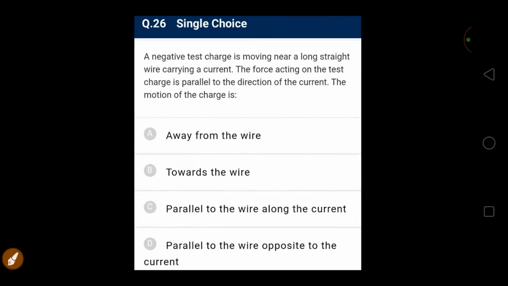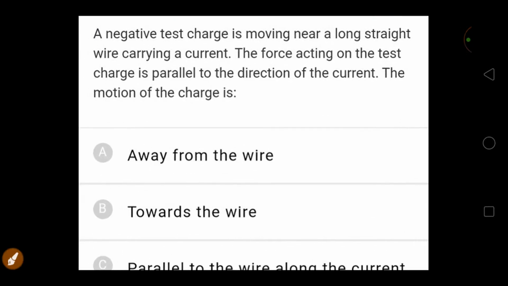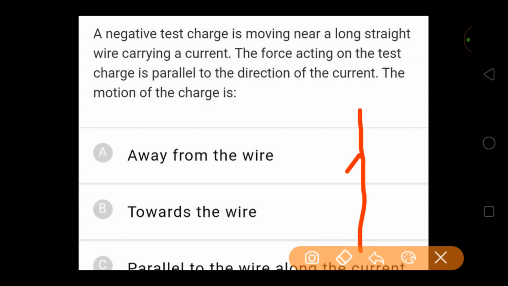Next. A negative test charge is moving near a long straight wire carrying a current. The force acting on the test charge is parallel to the direction of current. The motion of charges, okay. There is a long straight wire carrying a current I. A negative charge is coming. Assume first it is moving towards the wire.